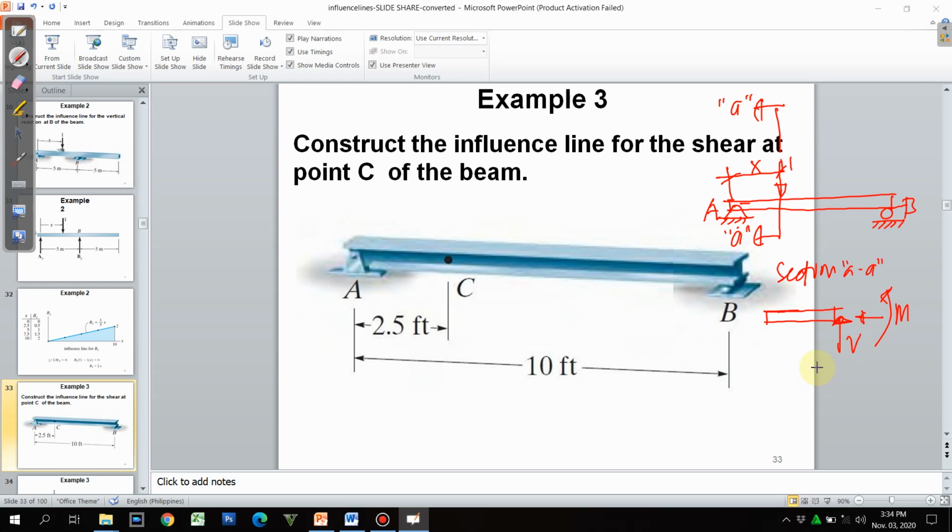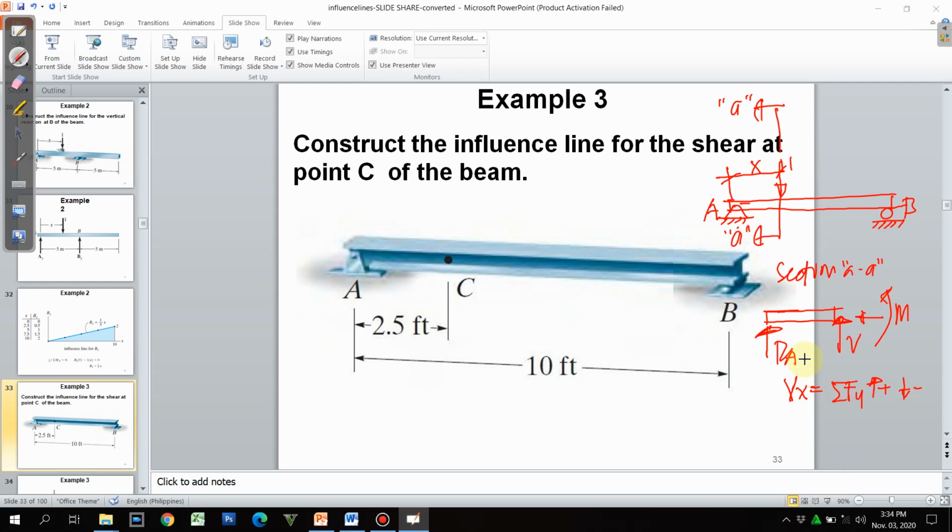And of course, RA, the reaction at A, is also involved here. Recalling the rule, Vx is simply equal to summation forces along Y, wherein positive is going up and negative going down.